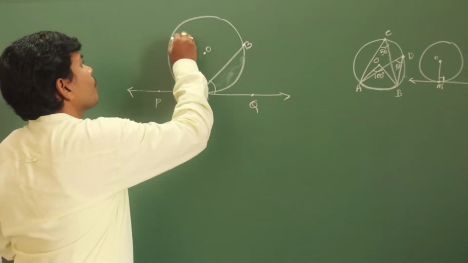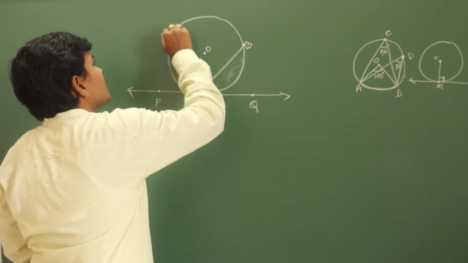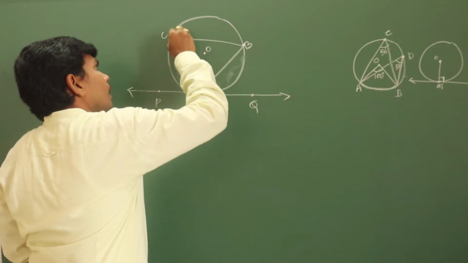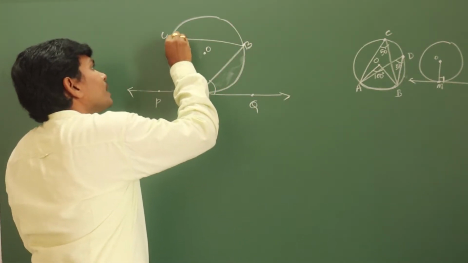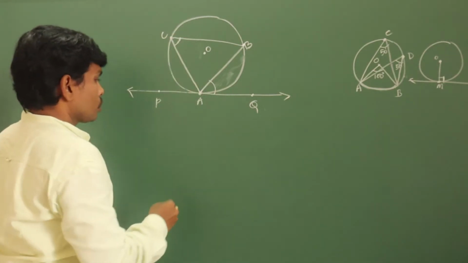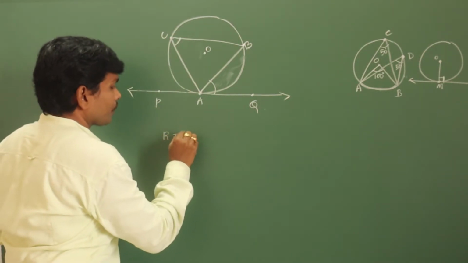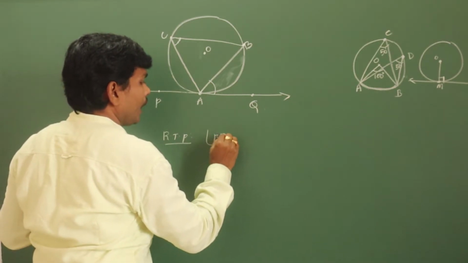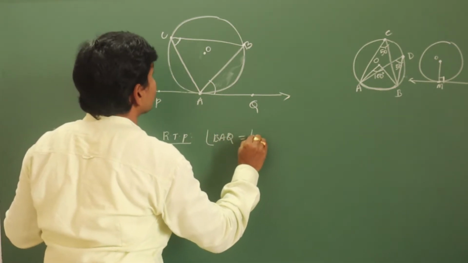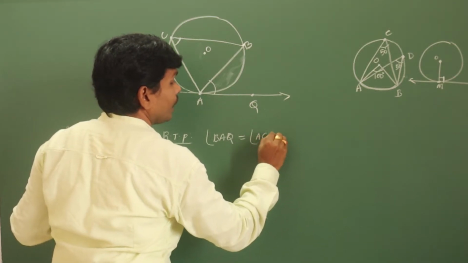Anywhere you take a point, suppose you take a point C here, and join the end points of AB to C. So what is your RTP? Angle BAQ is equal to angle ACB.